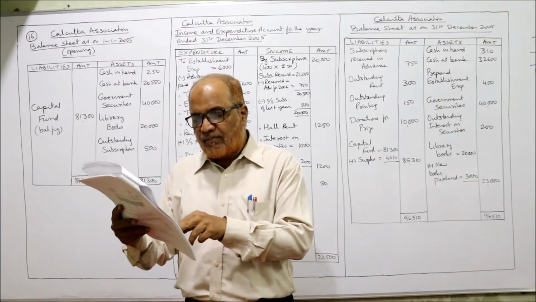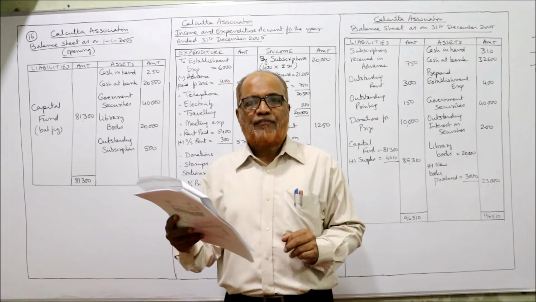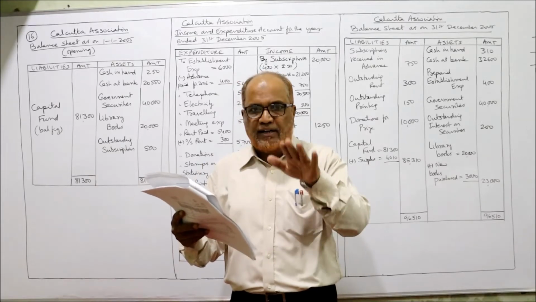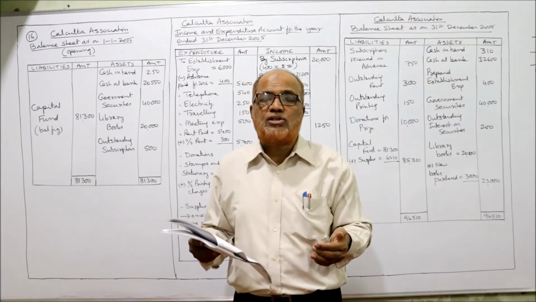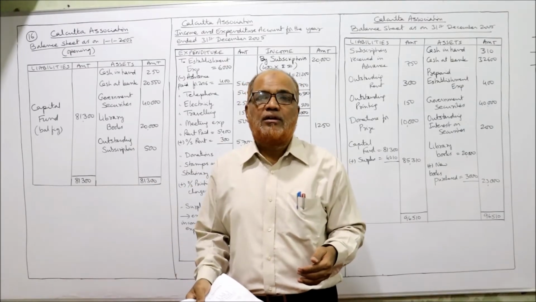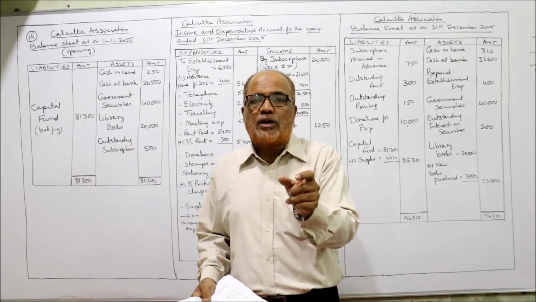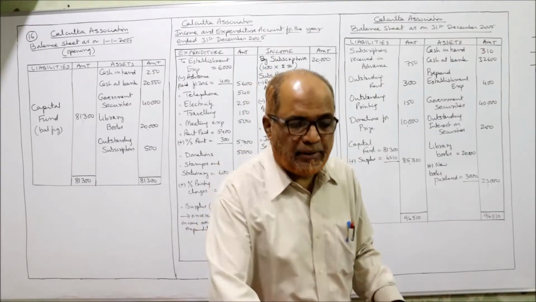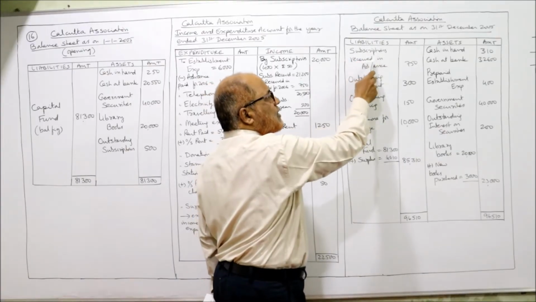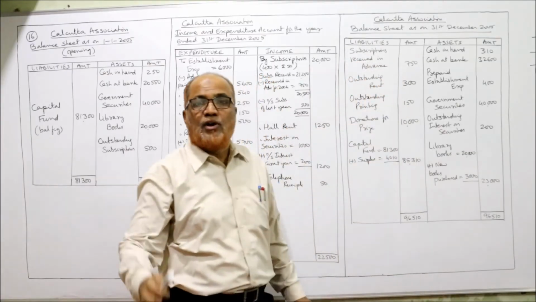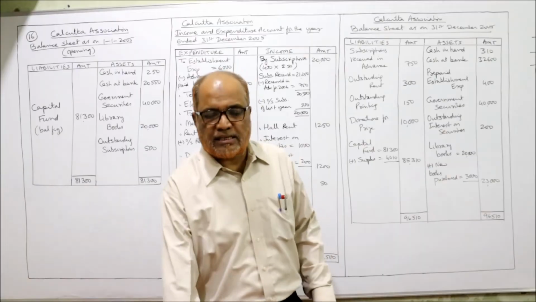So we'll deduct this 750 from 21,250, because this 750 is the advance subscription received for the next year. So this advance subscription received will be taken as a liability in the current year balance sheet. Liability side, subscription received in advance 750 rupees for the next year 2006.